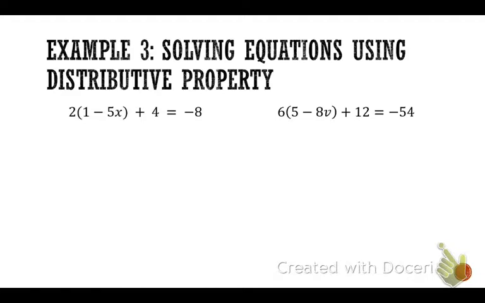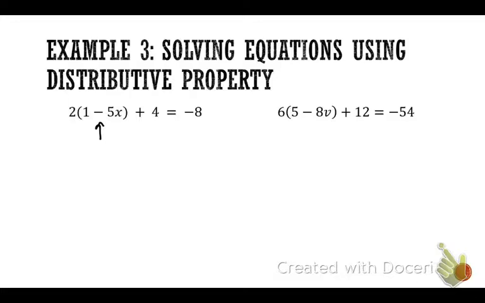All right, next is distributive property. I know that it's distributive property because I see 2 terms inside the parentheses that cannot be combined, meaning they are not like terms. 1 minus 5x is not a like term. So how do I get rid of the parentheses? The answer is distributive property.